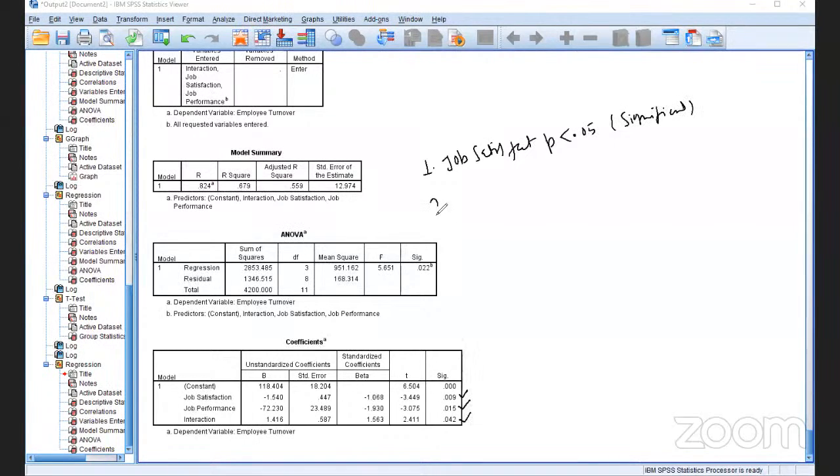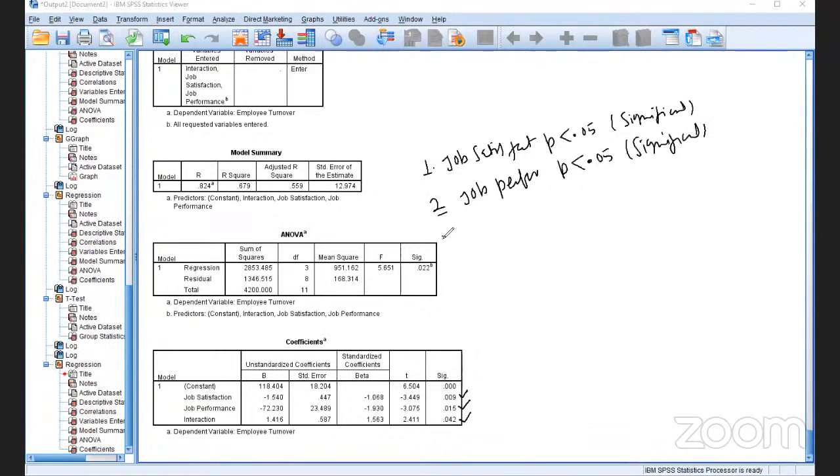The second, job performance: the p value is less than 0.05, so it is significant.